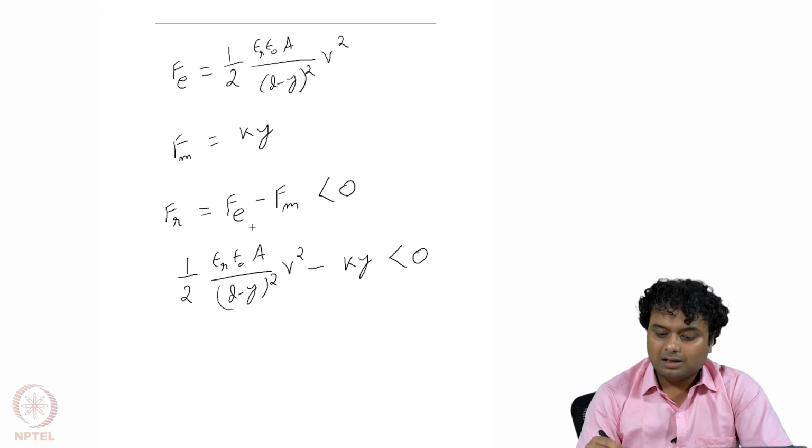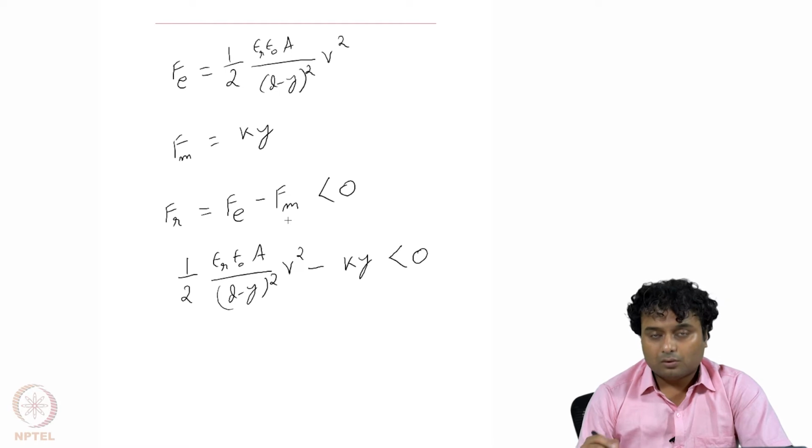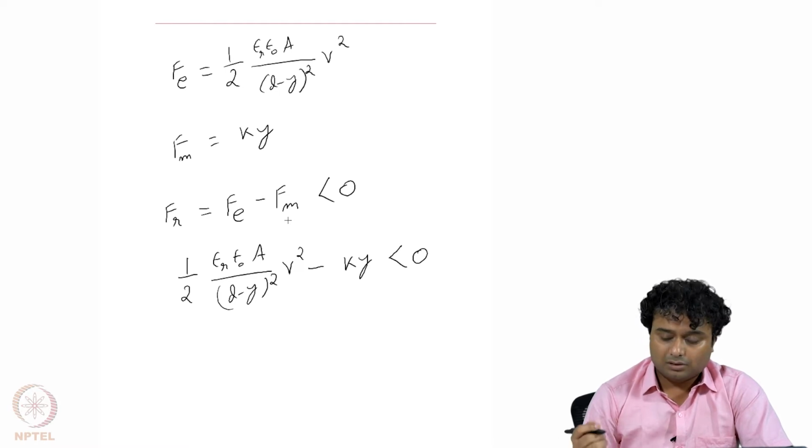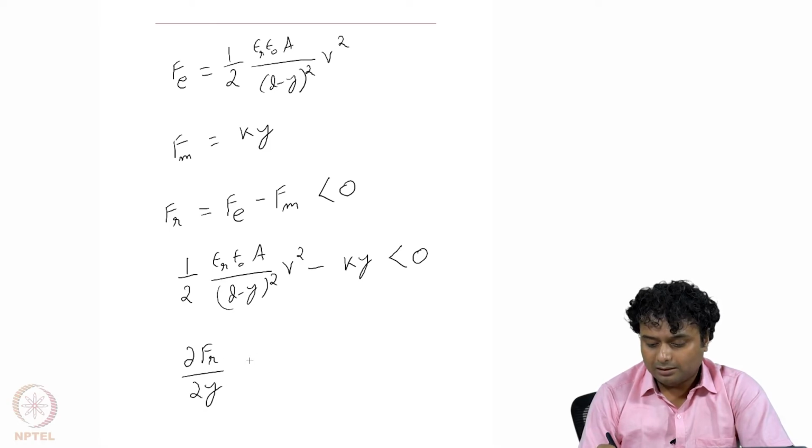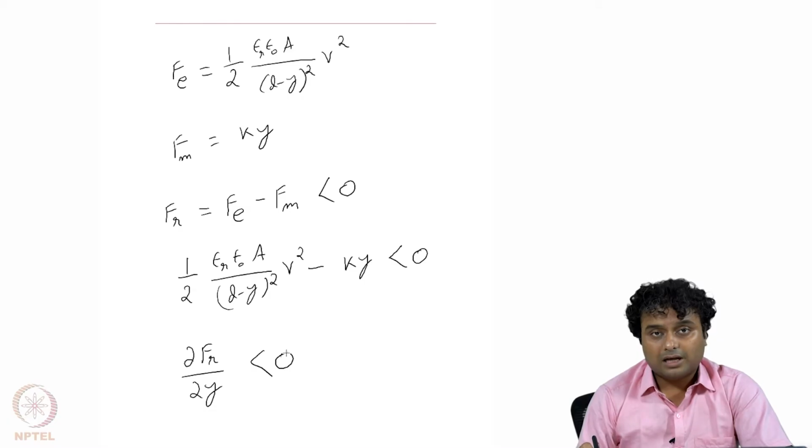So this is my FR, electrostatic force minus mechanical force, and what I am saying is that the resultant force goes down as we increase y, and that is the region where we can assume the beam is in stable condition. As FR is going down with y, delta FR by delta y is also less than 0, that means it is a negative slope: while y is increasing, the resultant force is decreasing.